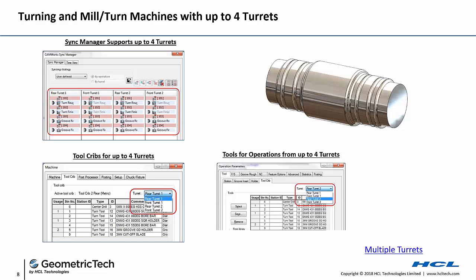You see that on the upper left, and on the lower left, you see where for each operation, you can select the tool you want to use from any of the 4 turrets. And then over on the right, there are the tools and operations for up to 4 turrets as well. So these can all be selected within the user interface now. And let's take a look at how that works within the user interface.